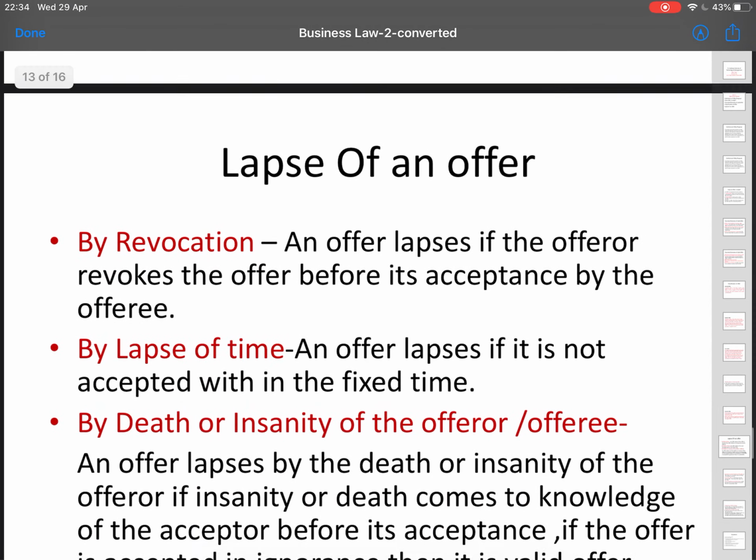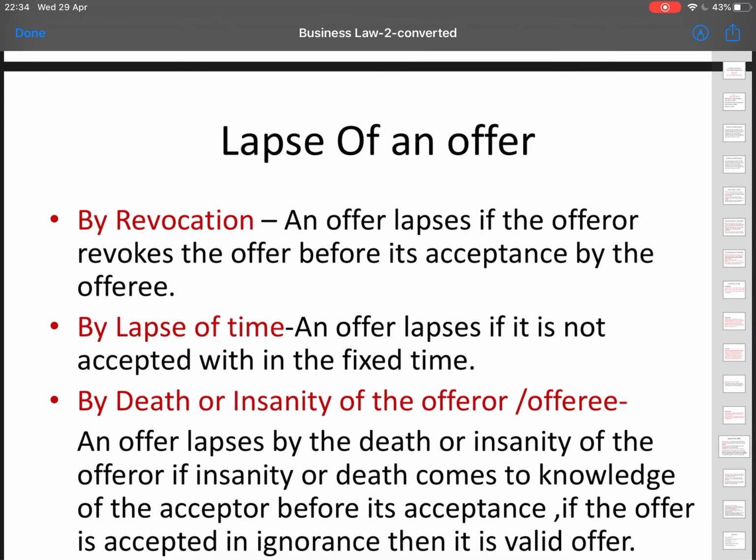Now, the next topic is lapse of an offer. An offer may lapse or come to an end in many ways.